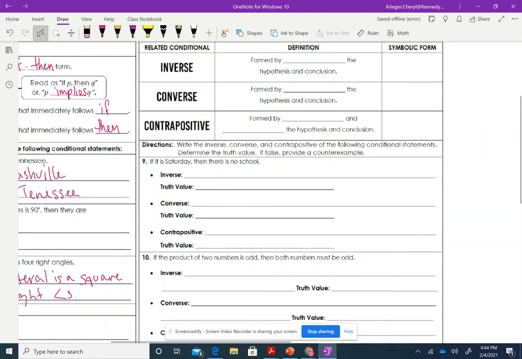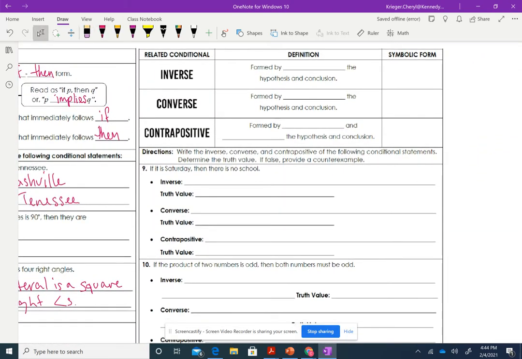These are the ones that you need to remember. The inverse of a conditional is formed by negating the hypothesis and the conclusion. The symbolic form is if not P, then not Q. Remember that the tilde symbol means not; it means we're negating.